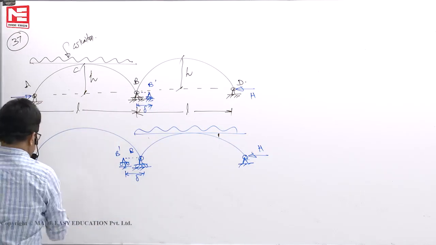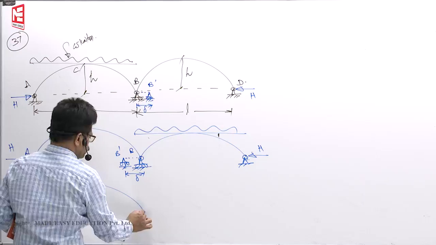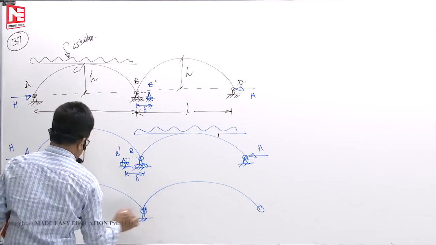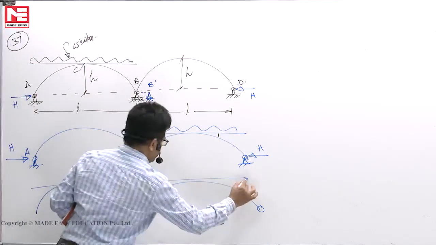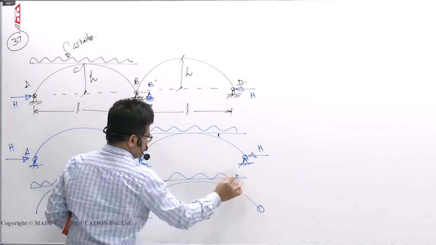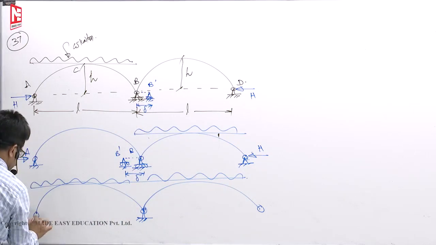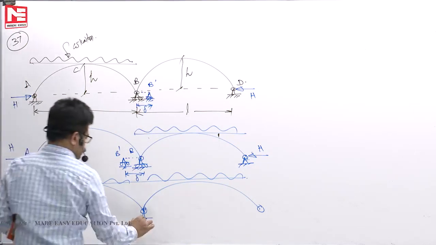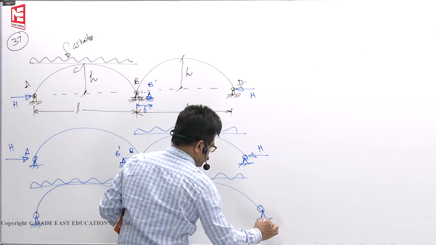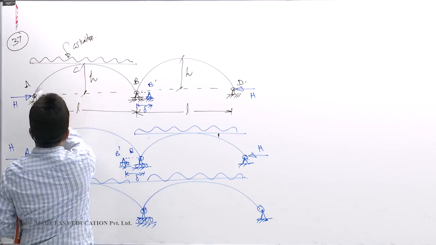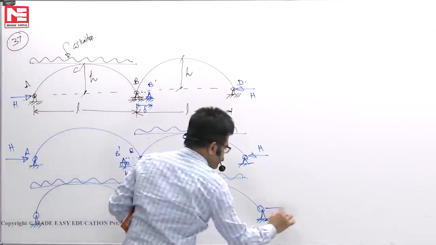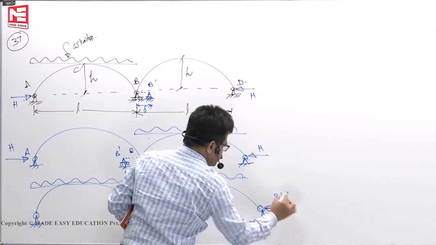Now if I load both the spans like this, this is the hinge now. If you load this span H, and both the spans I put, I have to write it as 2H.